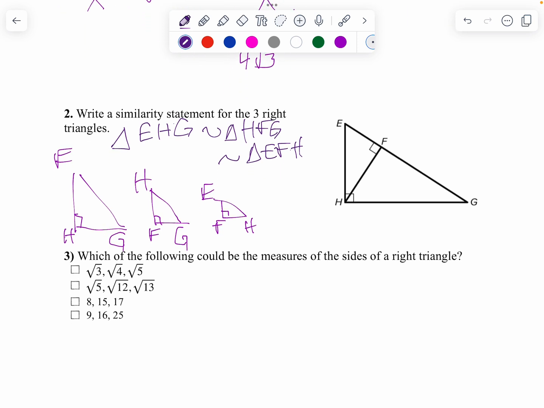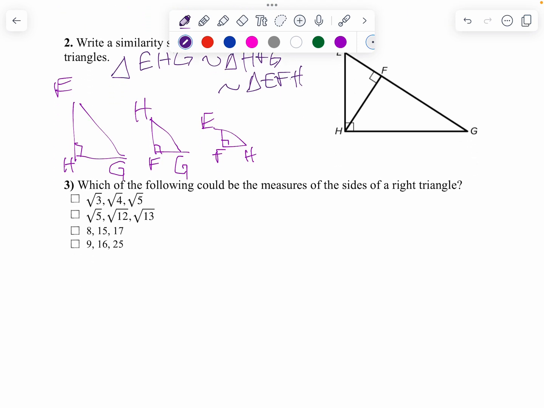Now on my question 3, in order to be a right triangle, C squared has to equal A squared plus B squared. Now, in my first one, I've got the square root of 5 squared. Does that equal the square root of 3 squared plus the square root of 4 squared?